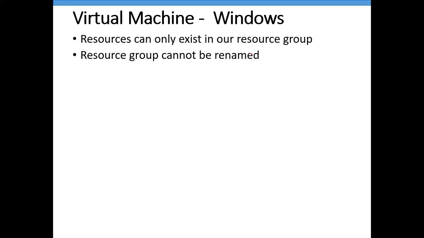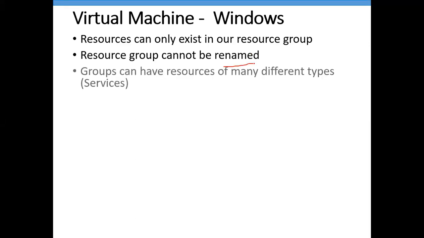Once our resource group is ready, you can't rename it. A group can have resources of many different types. It means under a resource group, we can create a virtual machine, a virtual network, a database, and any storage service, under a single resource group.